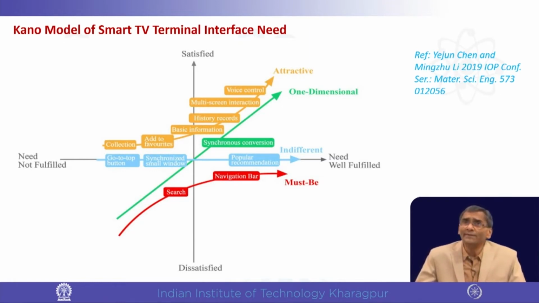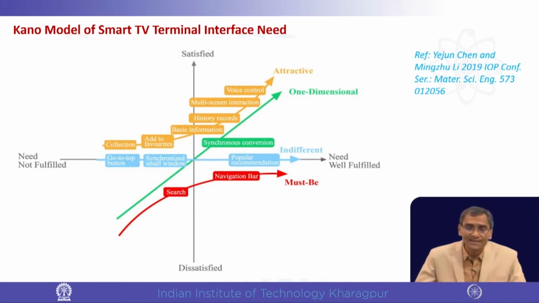But if it is not there, people will not be dissatisfied, but if it is present, people will be highly satisfied one by one. So, basic information, history records, multi-screen interaction, or voice control, those would be attractive features.